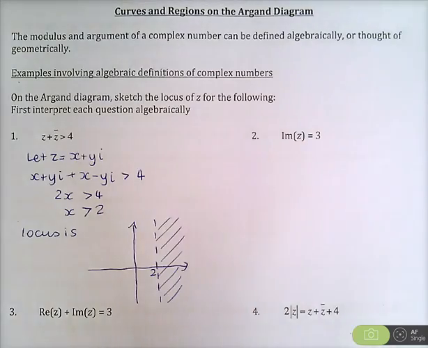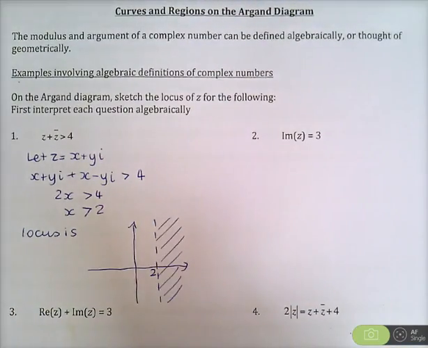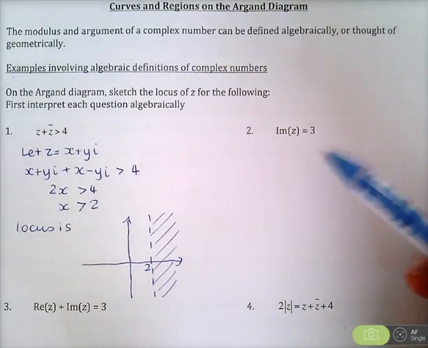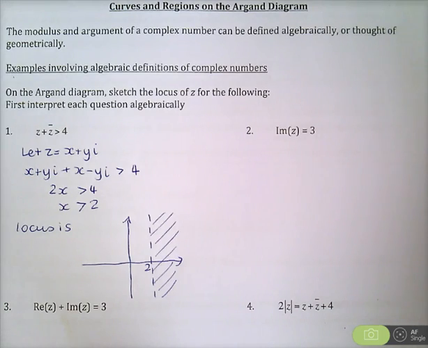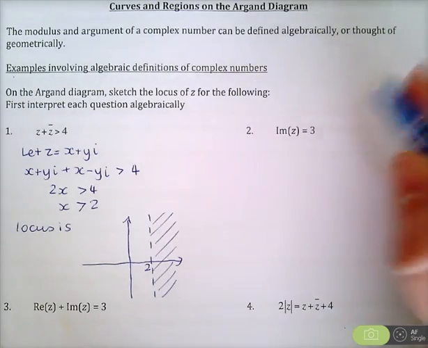Okay, now these algebraic ones are fairly easy to do. There's no set rule with them. You're just really substituting z equals x plus yi. Now with this second example, we want to sketch Im(z) equal to 3.